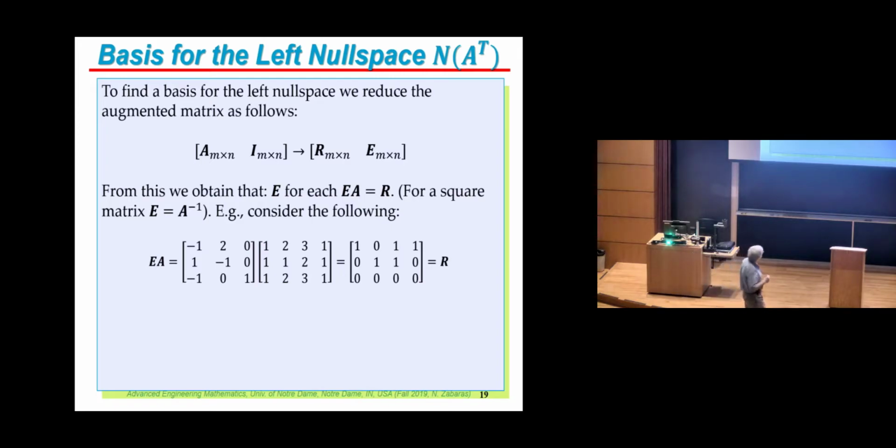I want you now to look at this equation and tell me what non-zero combinations of the rows I can take. Look at this equation and tell me what linear combination of the rows of A I can take to get the 0 row.